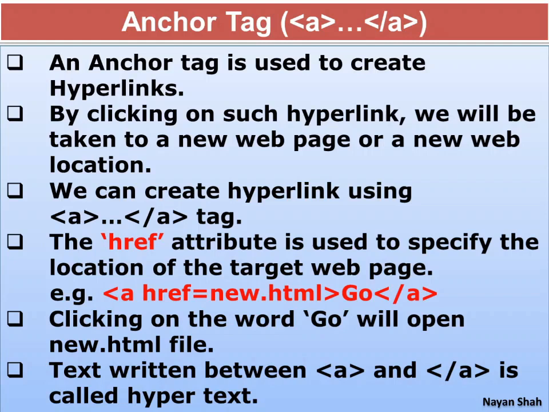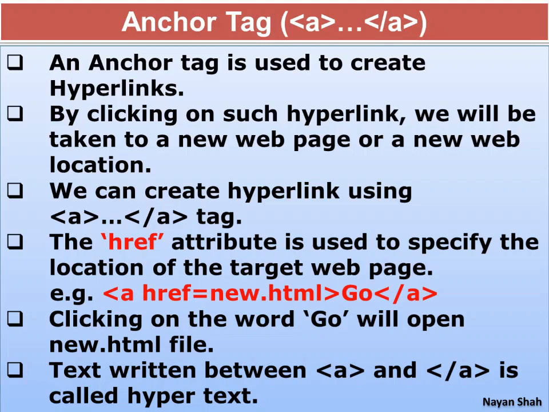So how to create such hyperlinks in a web page? It can be done using the anchor tag. An anchor tag is used to create simple hyperlinks in your web page, and by clicking on such a hyperlink we will be taken to a new web page or a new location in the same web page.